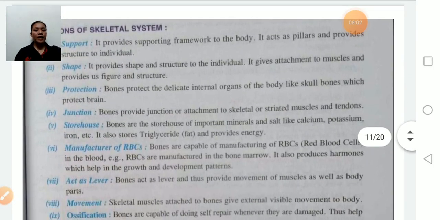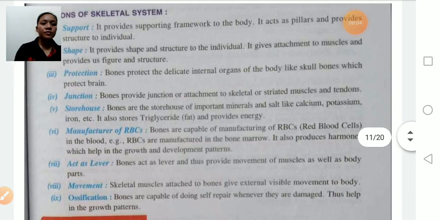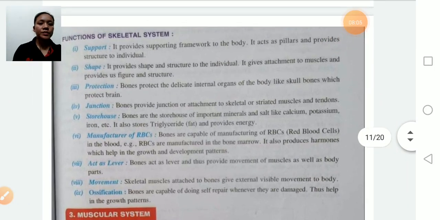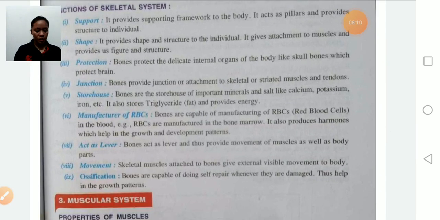Functions of the skeletal system. Supporting framework to the body. It acts as pillars and provides structure to the individual. Since it is made of bones, it acts as a framework to the body.